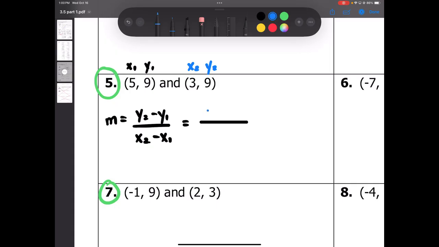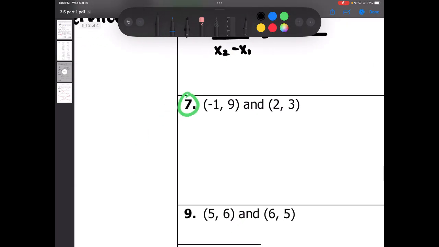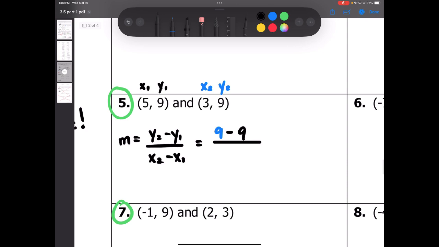Y2 is what? 9. Y1 is? X2? 3. Be careful. If you mix and match, it's not going to be nice. So this is why you need to be careful. I know you guys know how to read.